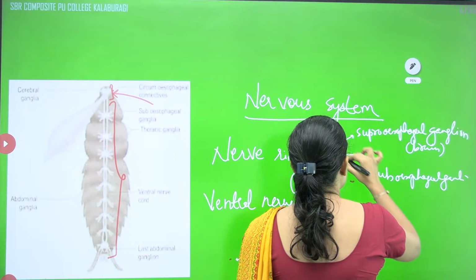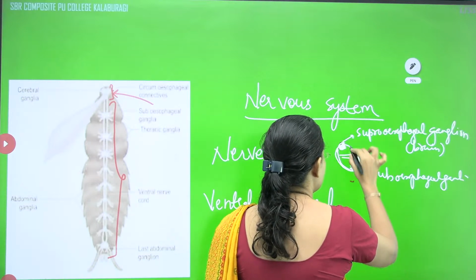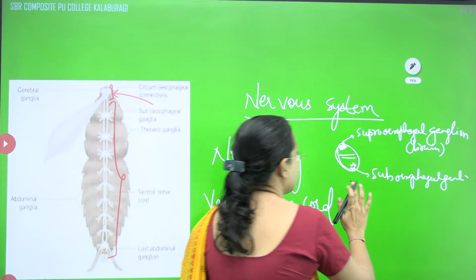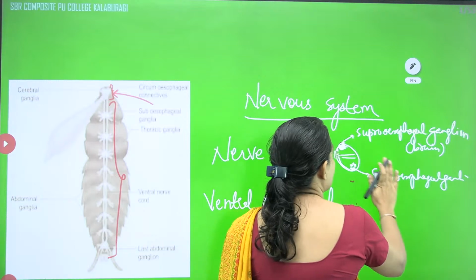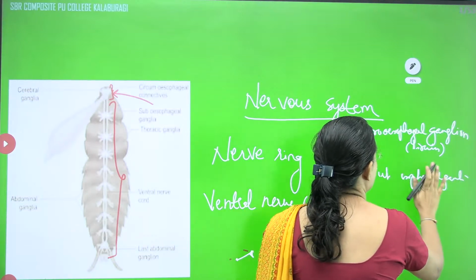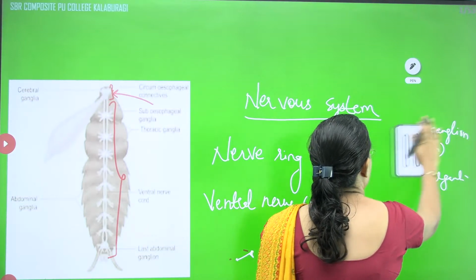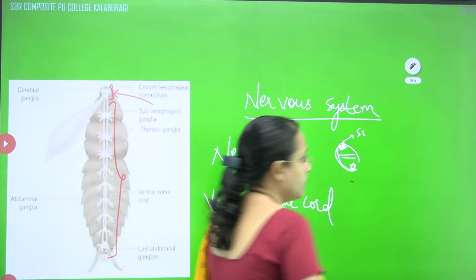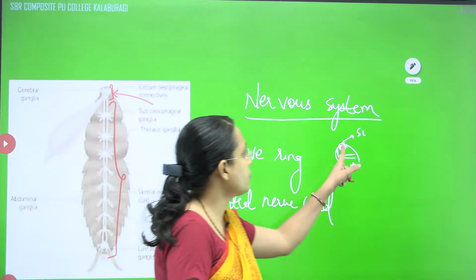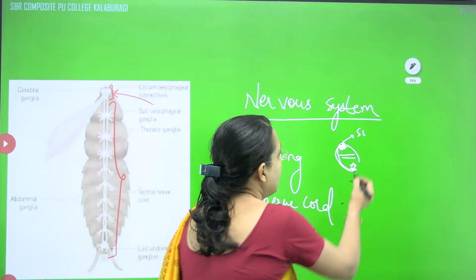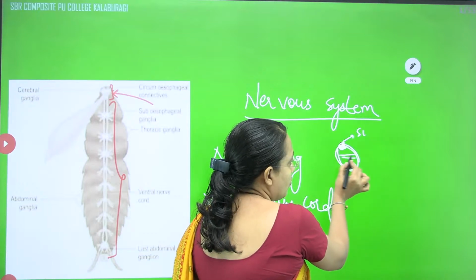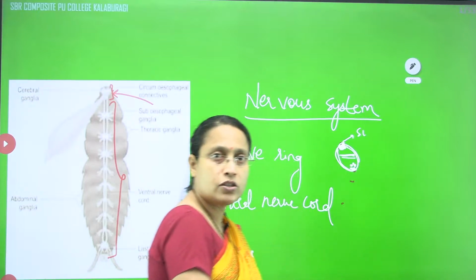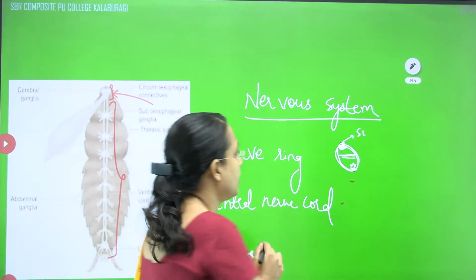Now they are connected by connectives, called nerve connectives. So you came to know the supraesophageal ganglion and subesophageal ganglion are connected, and passing in between is the esophagus, creating a nerve ring.